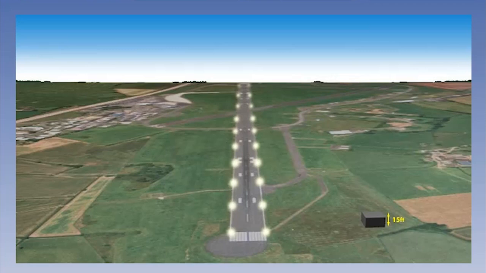RVR, runway visual range, is only reported when either the horizontal MET visibility or the RVR is less than 1500 meters. The visibility on approach can vary significantly from the horizontal MET vis. There is no direct connection.